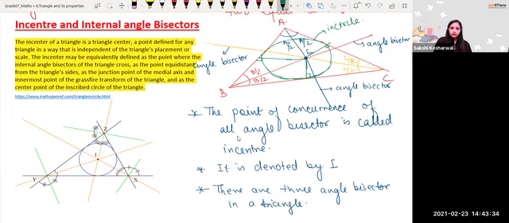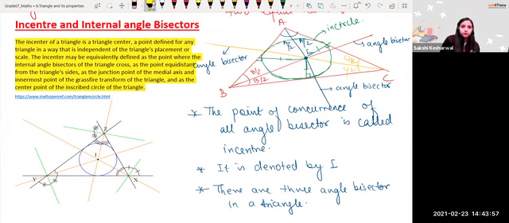First try to understand that the perpendiculars dropped from the incenter onto the sides are actually equal, right? These are equidistant. So this distance and this distance are equal, so this is forming a circle or not?